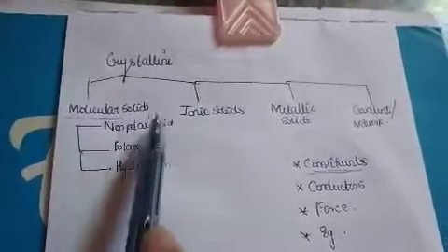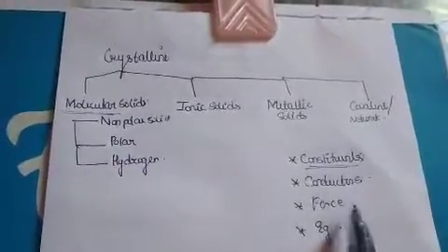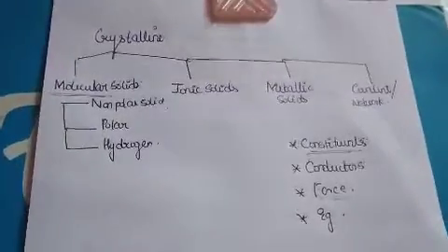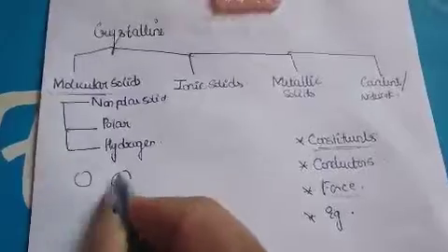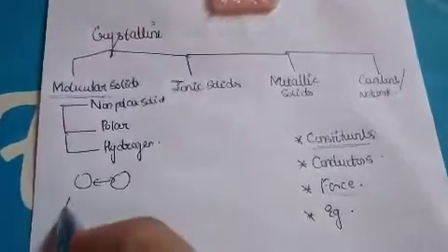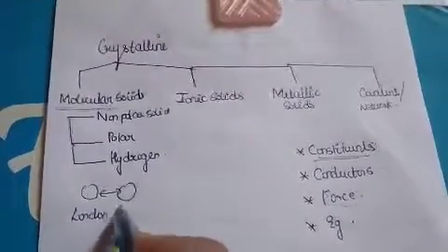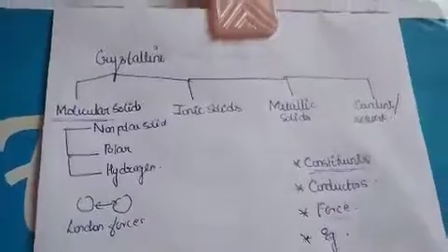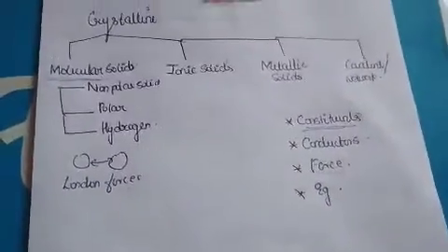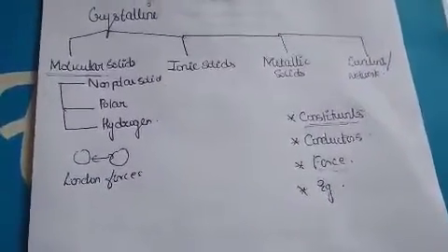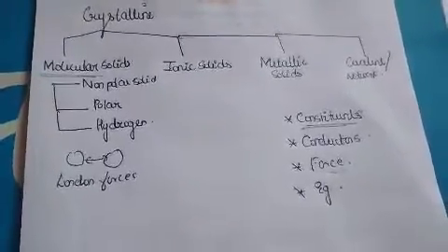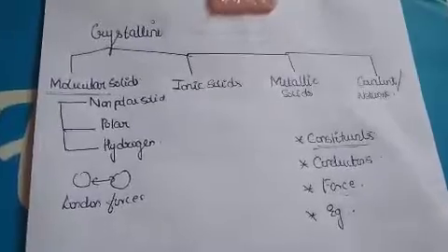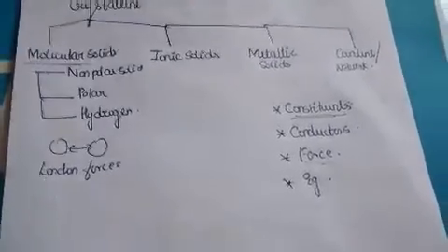In non-polar solids, what type of force exists is very important. One molecule is holding another molecule by London forces, which are among the weakest forces in nature. Such a force between two molecules is classified as non-polar solids.